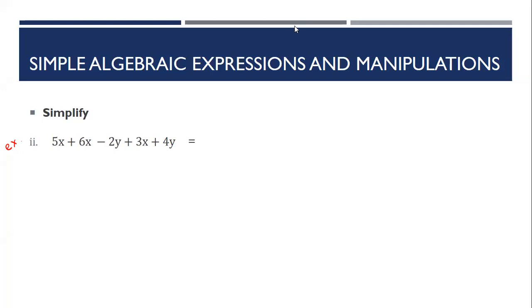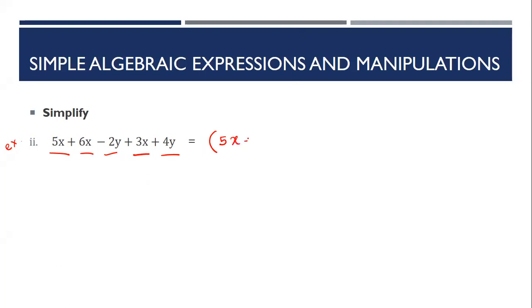Okay, so one says 16x plus 2y and another one is 14x plus 2y. Let's see. Okay, so here our x and y are there. So 5x plus 6x minus 2y and plus 3x and plus 4y. So I am writing the x ones first.